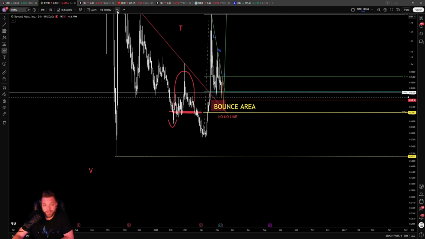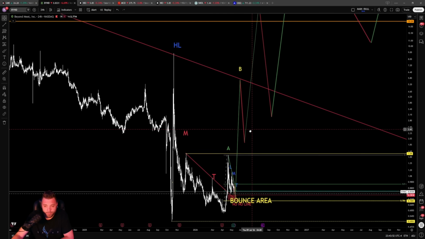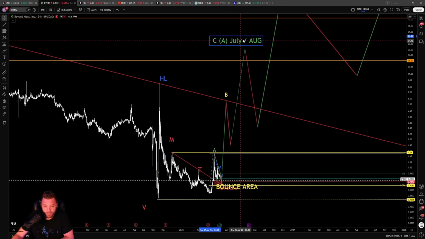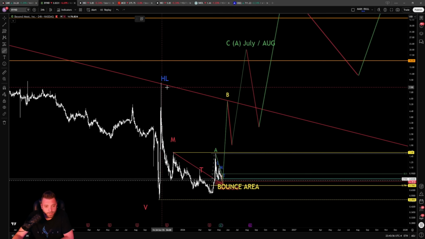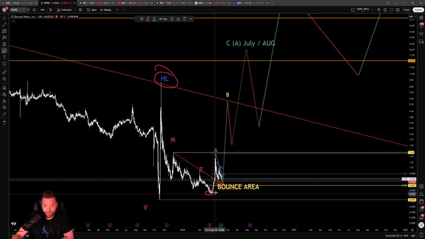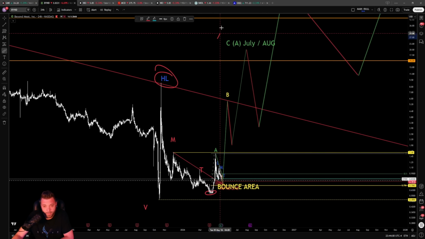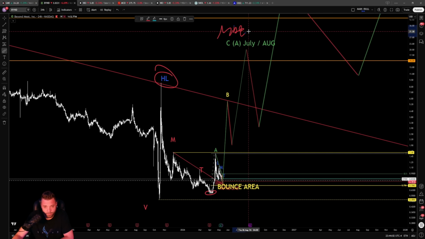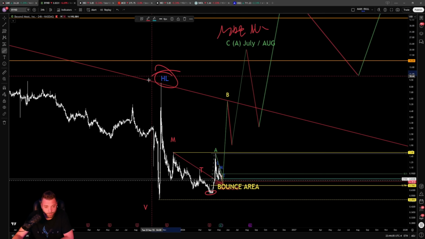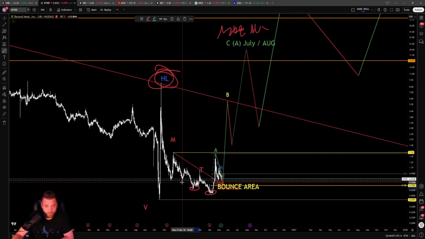So this became our T. So this date here is the result of this high and this low. The May-June date was this high and this low. Of course, when you break it, it can't be true anymore.